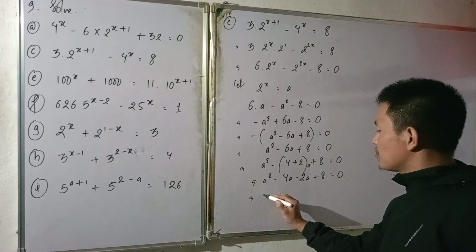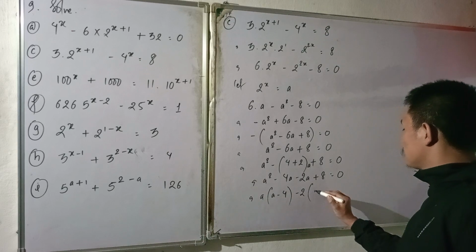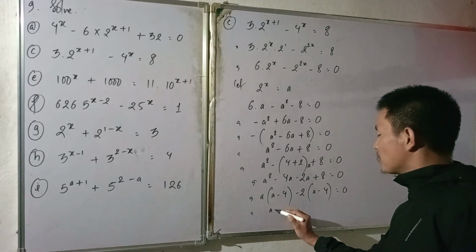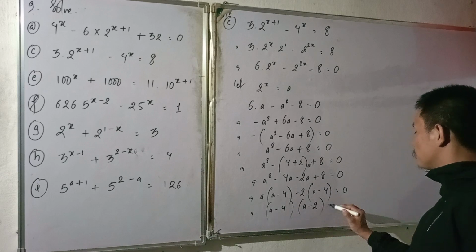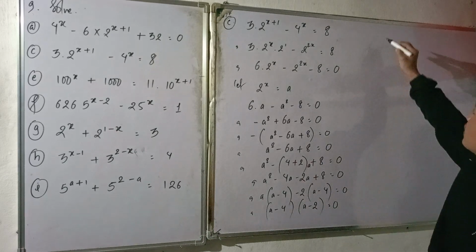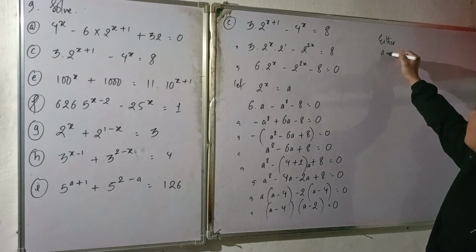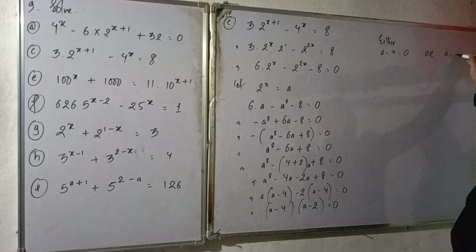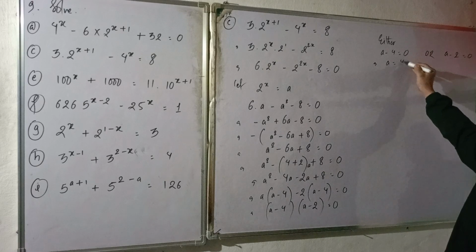Now factorize: take minus 2 common, a minus 4 inside the bracket, and a minus 4 common, the remaining a minus 2 equals 0. Now you can do either a minus 4 equals 0 or a minus 2 equals 0. On further simplification, a equals 4.